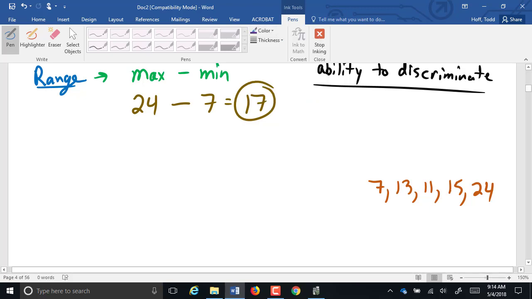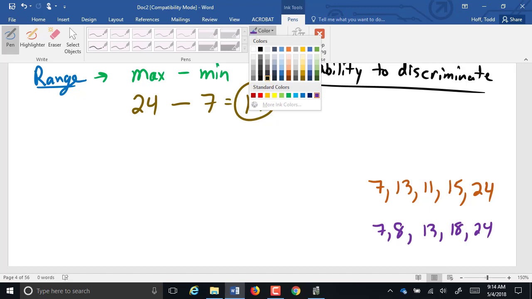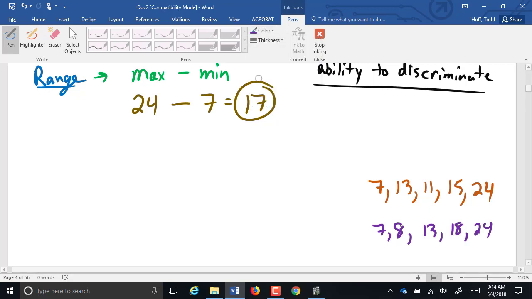It's going to have the same range. The range is still 24 minus 7. It's still 17. Would you say that set of data is the same amount of spread? Let's take a look.